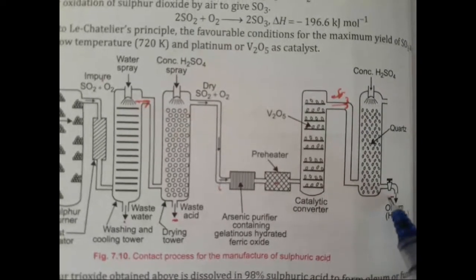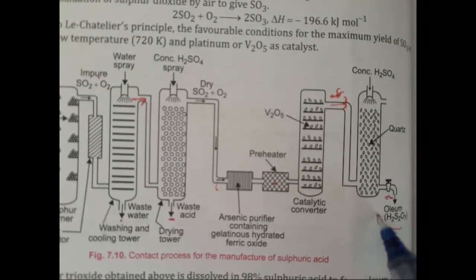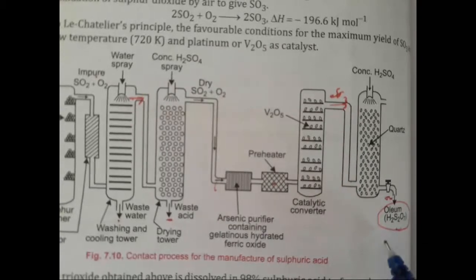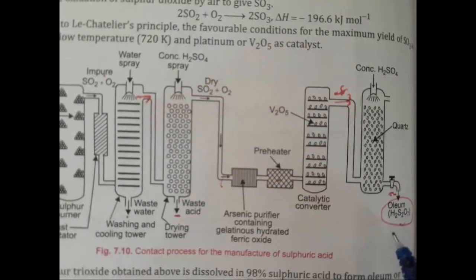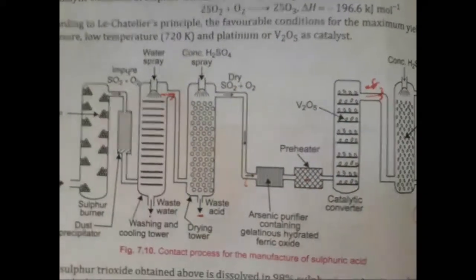Through an outlet at the bottom, oleum is collected. This oleum undergoes hydrolysis to form sulfuric acid. This is the process involved in the contact process. Right children, I hope you all have understood this process.